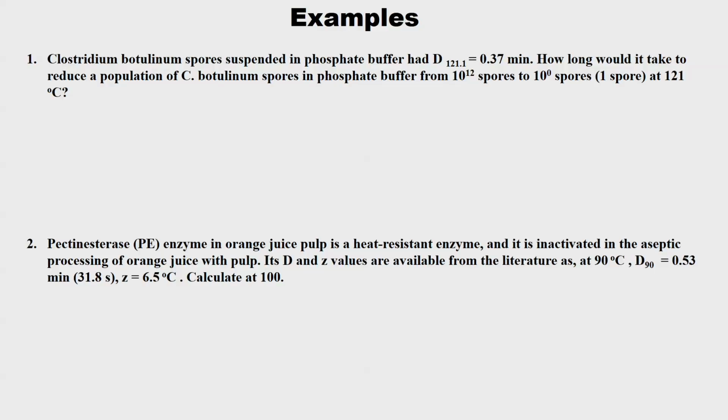So, here we are going to do some example problems on how to design the lethality of the process. I think these two examples were done in the last two lectures itself. This is nothing but calculating the 12D process, I guess. The D value is log of 10 to the power of 12 spores over 10 to the power of 0, which comes to around 12, and I have a reference D value given, which is 0.37 minute.